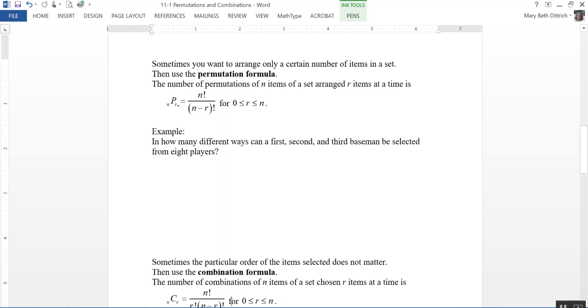And the formula for that is n factorial over the quantity n minus r factorial, where r is a number between 0 and n. So in other words, r cannot be bigger than n.